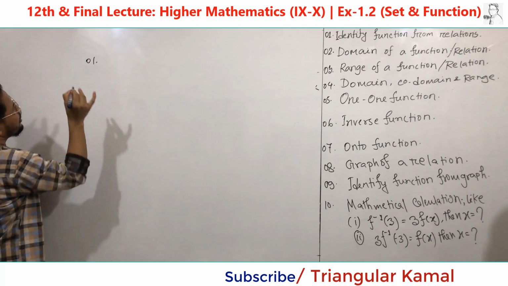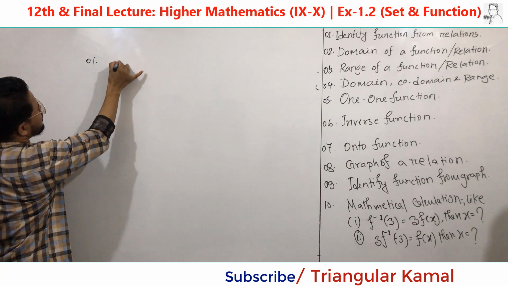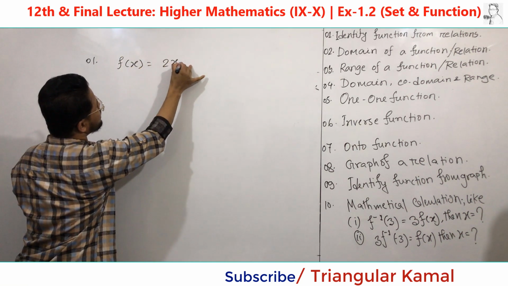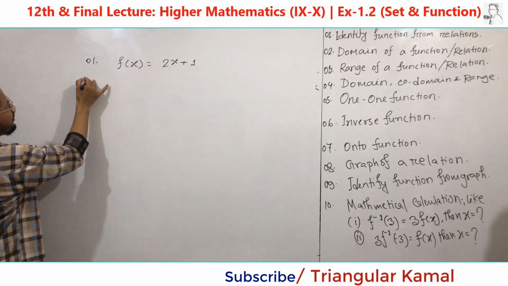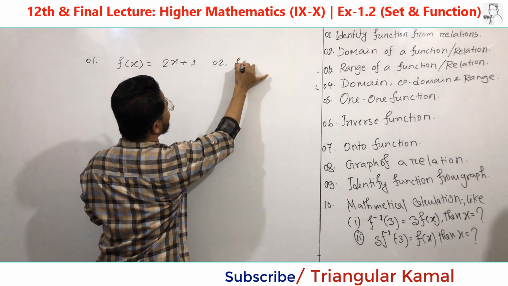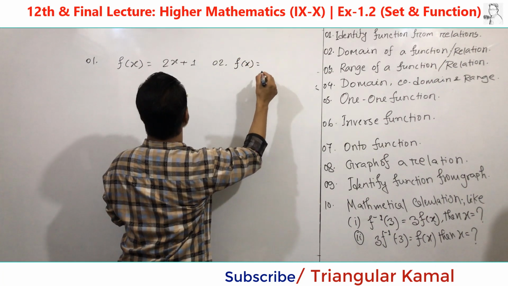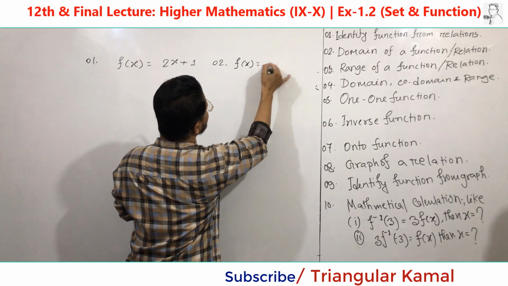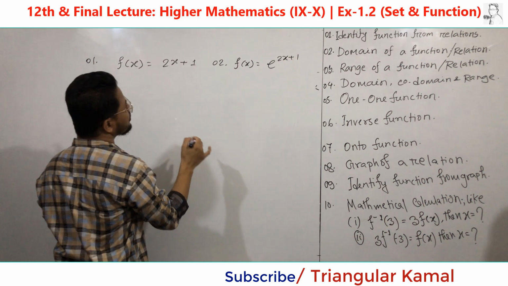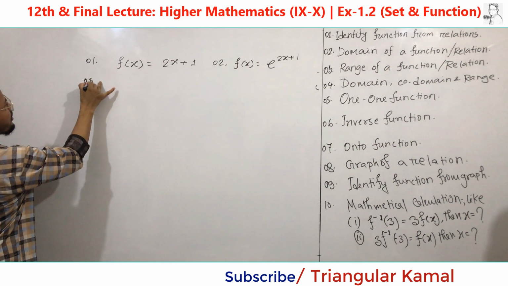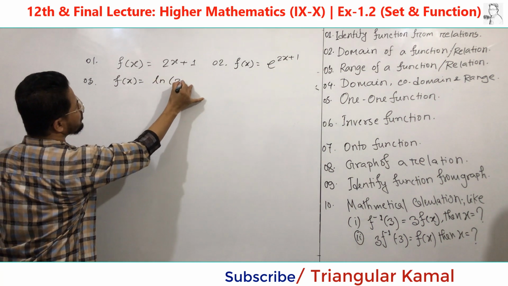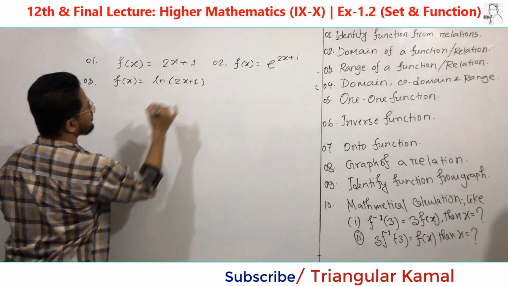Number 1: f of x equals root of x plus 1. Number 2: f of x equals e to the power 2x plus 1. Number 3: f of x equals ln 2 to the power 2x plus 1.